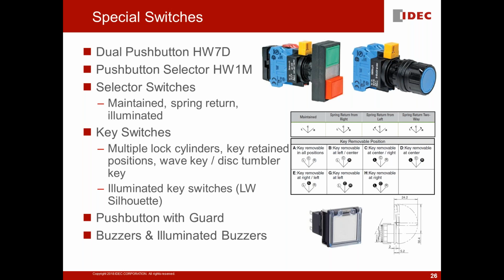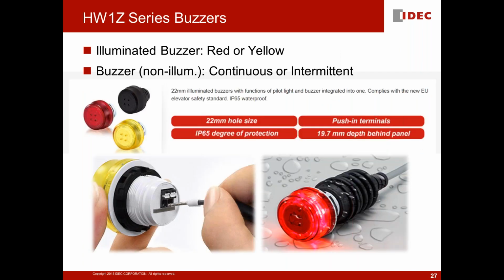Talking about illuminated buzzers, I'd like to introduce a couple of illuminated buzzers we have. It's called HW1Z. Two colors, red or yellow, and we have intermittent or continuous buzzer. This buzzer already has the push-in terminal, so it's very easy to use. And this is a welcomed product.